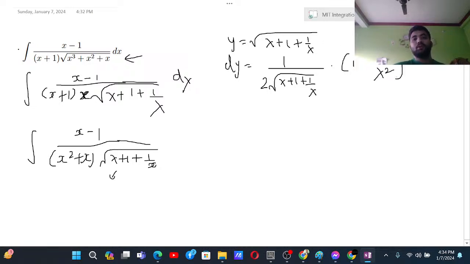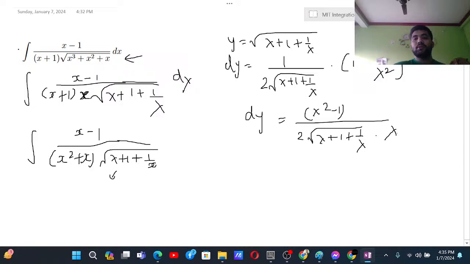So this is our dy, and now we can write this as dy equals x square minus 1 by 2 root x plus 1 by x times x square dx.